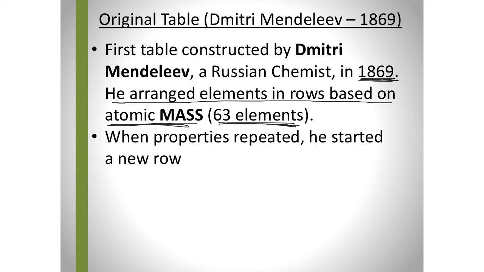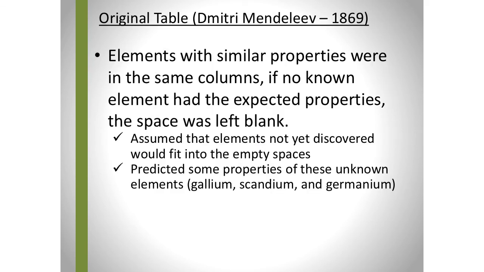So Mendeleev arranged it by increasing mass, and when he saw a repeat in properties, he started a new row. So in other words, if he had sodium in its spot, then he saw a repeat in properties. Potassium behaves a lot like sodium, so therefore he put potassium below sodium. So that ended up with elements that had similar properties being in the same columns.